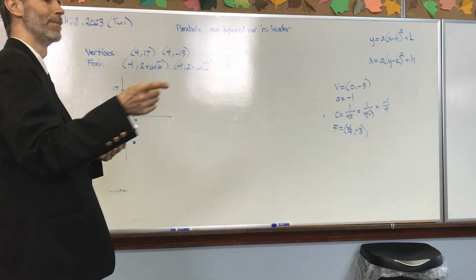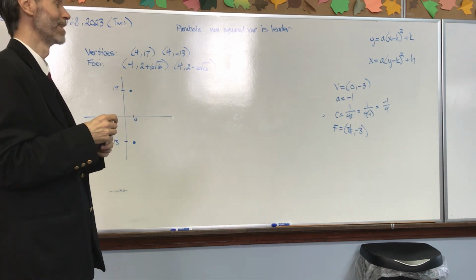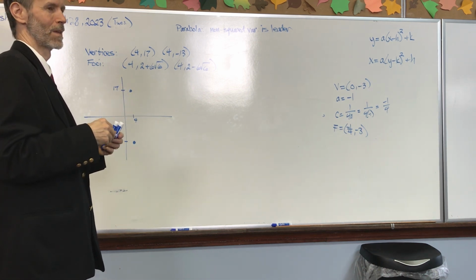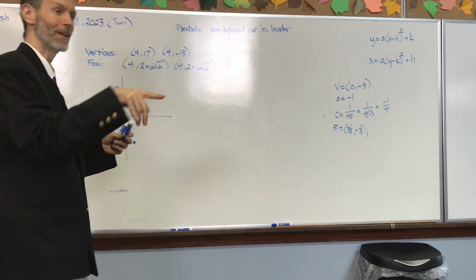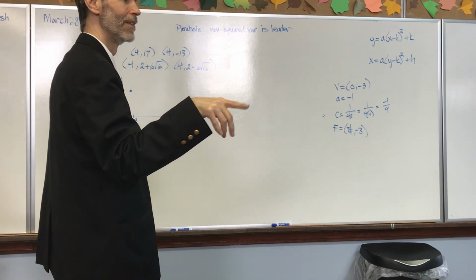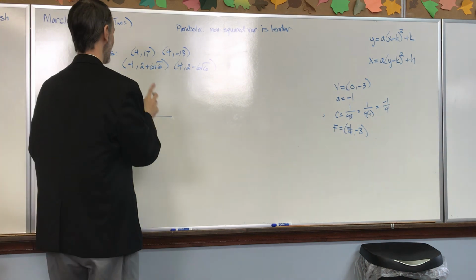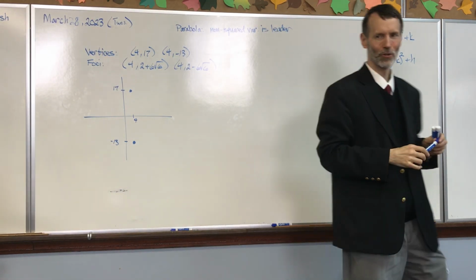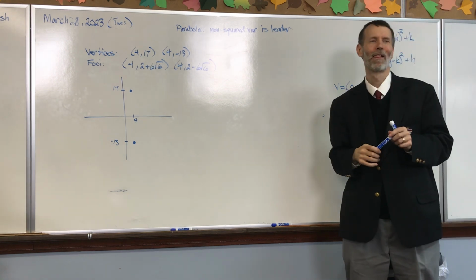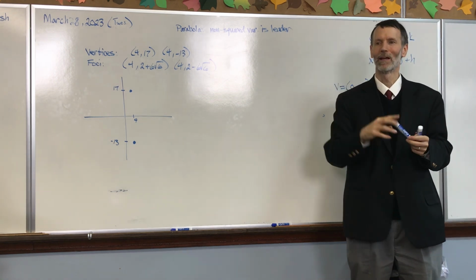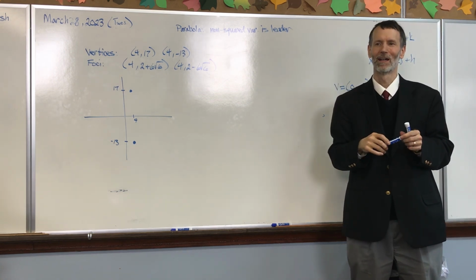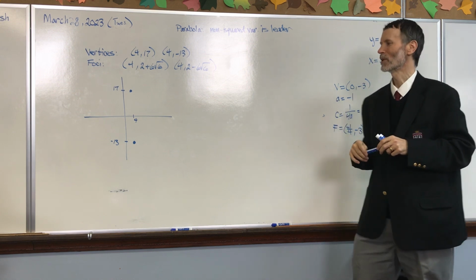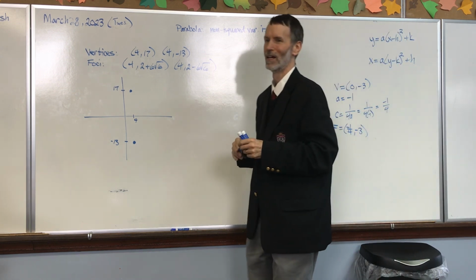You're correct. There's only one vertex in a parabola, and this has 2, so it can't possibly be a parabola. Somebody else, tell me one other shape it cannot possibly be. She said circle.